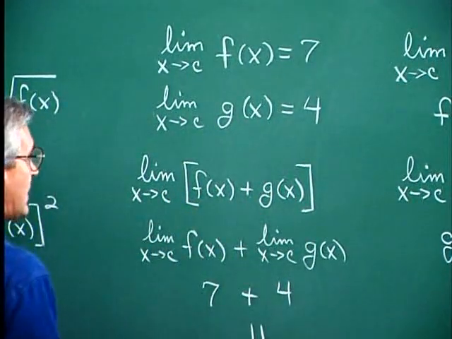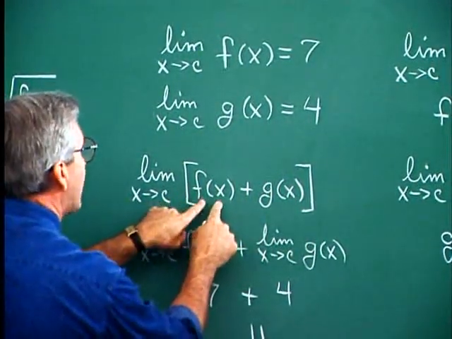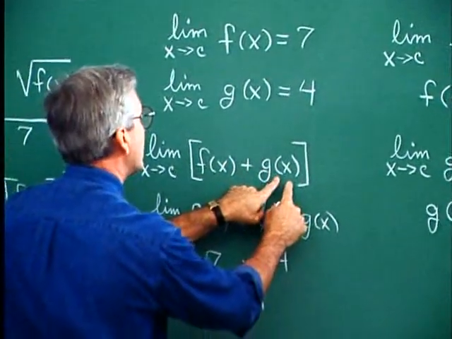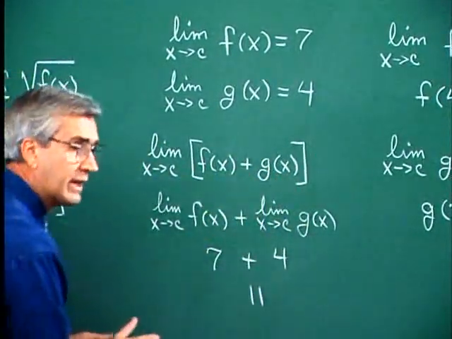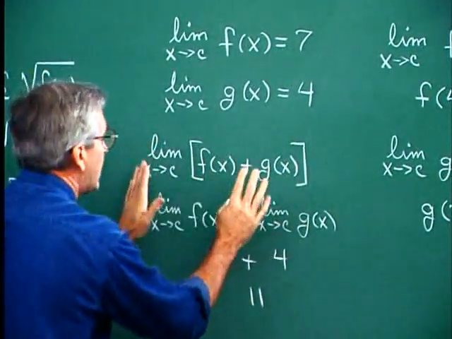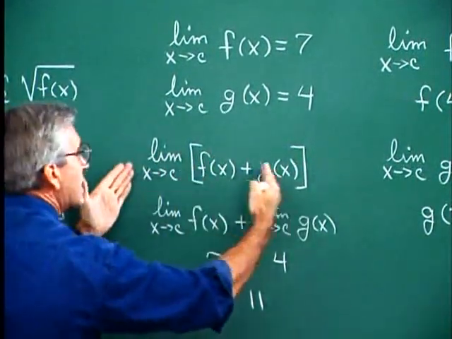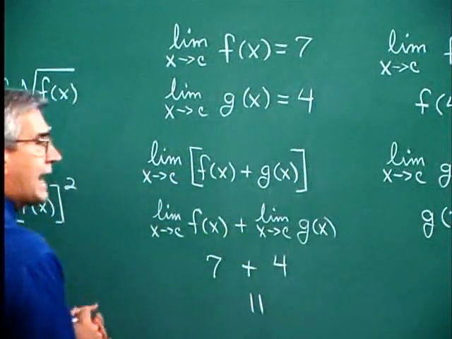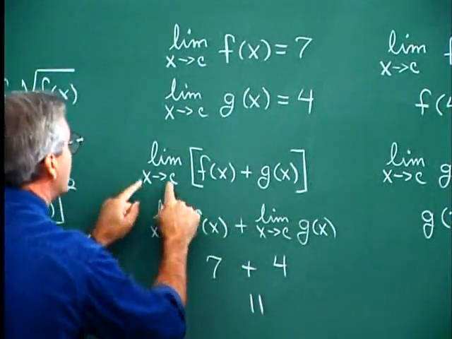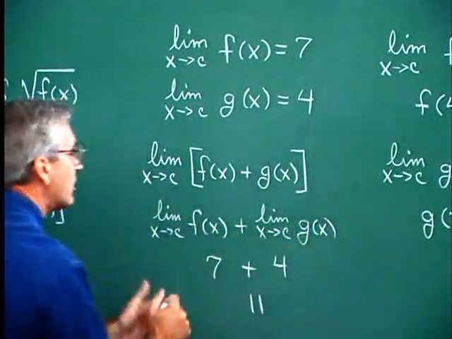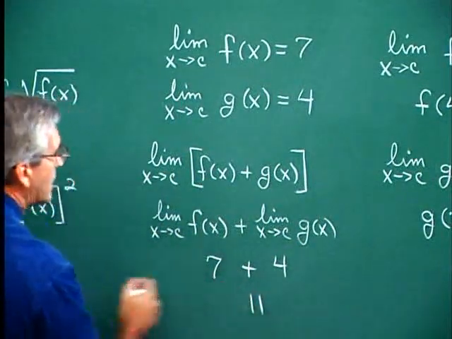Doesn't it make sense that if the limit of that function is 7, the limit of that function is 4, that this is just 7 plus 4? Sure it is. We can distribute this idea of limit through this bracket. So the limit of that function plus the limit of this function, 7 plus 4, 11.